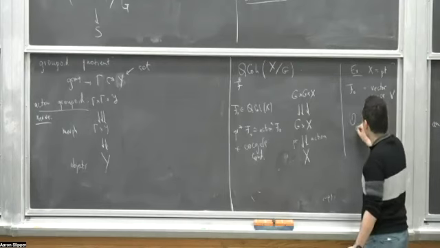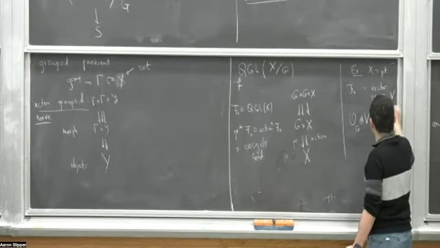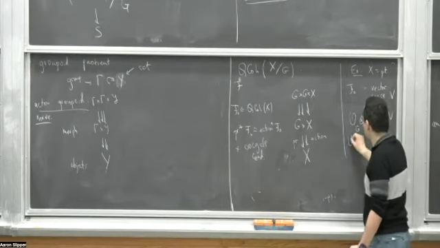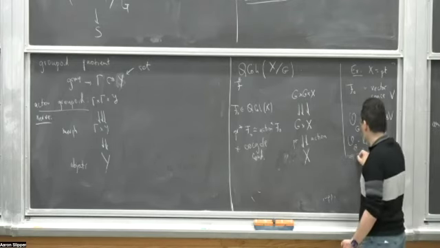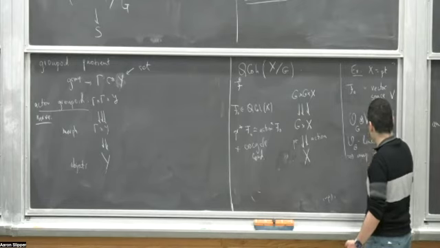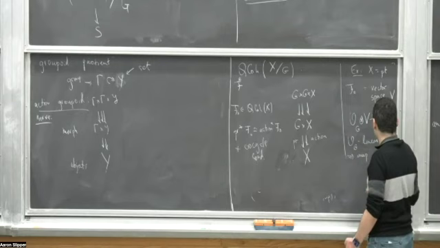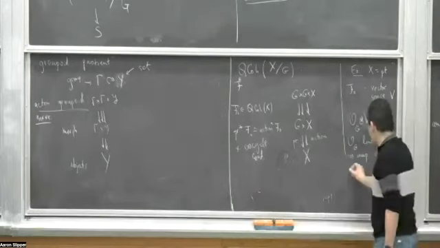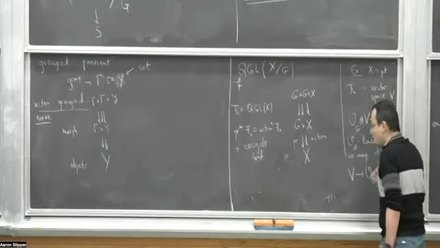It's supposed to give a map O_G tensor V to O_G tensor V, which is O_G linear. So this is the same thing as a map of vector spaces by adjunction. Well, this is supposed to be an isomorphism. So that's the same as a map of vector spaces just from V to O_G tensor V.